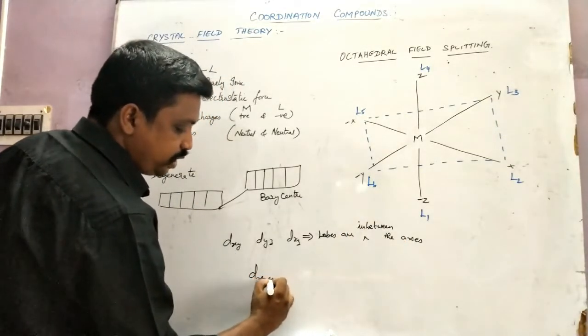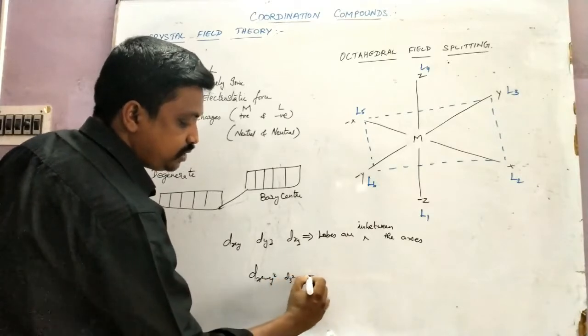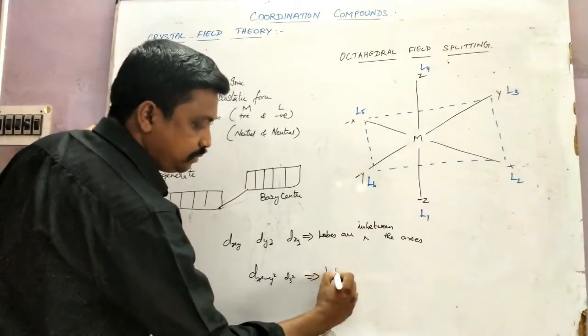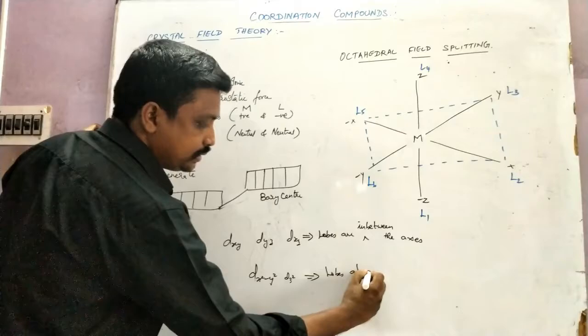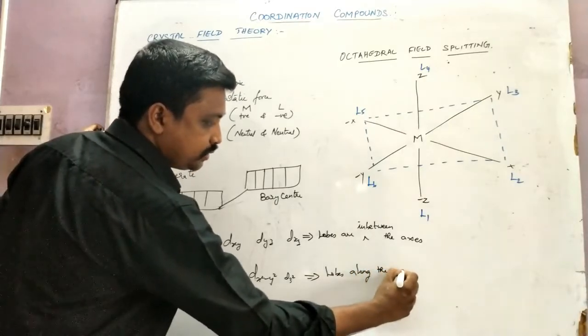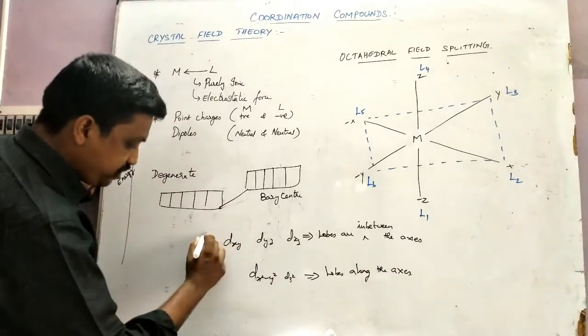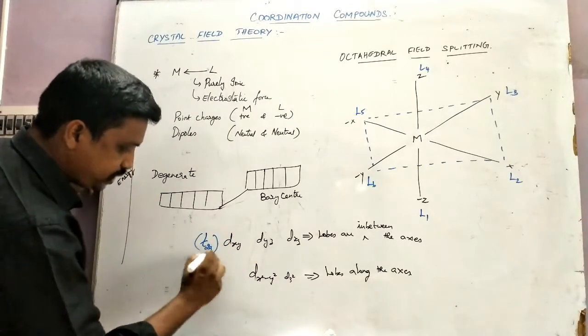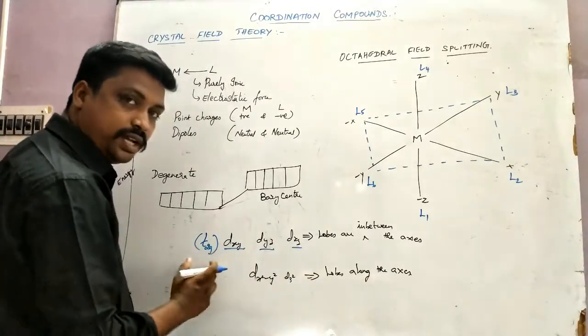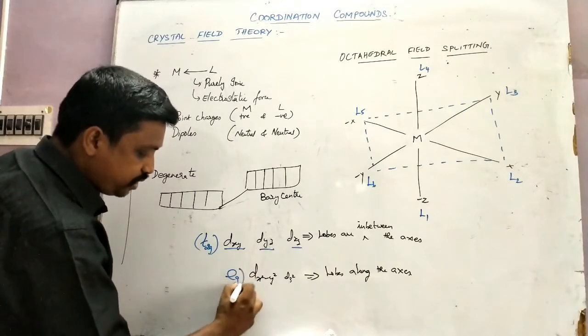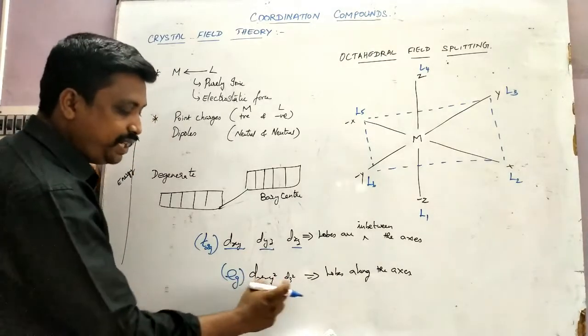And dx square minus y square and dz square, these 2 orbitals have their lobes along the axis. Hence these 3 orbitals are termed the triply degenerate T2G set, and these 2 orbitals are called the EG set, doubly degenerate.